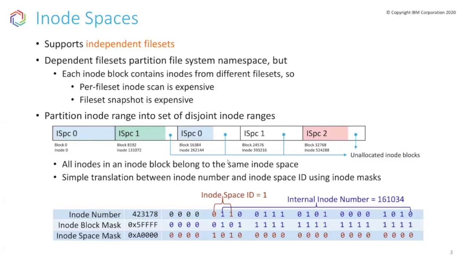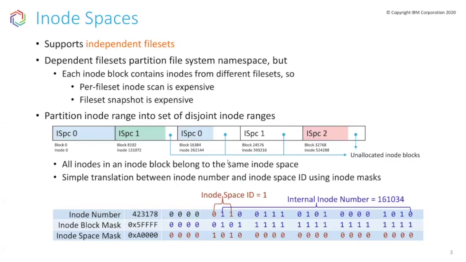So the benefit of this is all of the inodes within the inode space would be assigned to one independent file set. And there is a very deterministic and simple way to tell where the inodes of your independent file set begin and end within the entire inode file. And this determination is possible because of the simple translation we have between inode numbers and inode spaces.